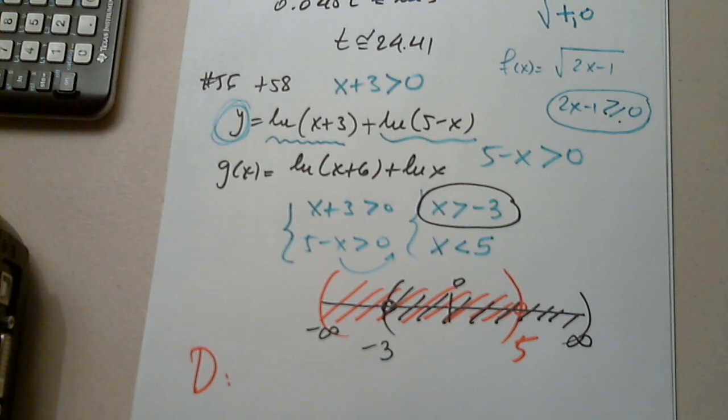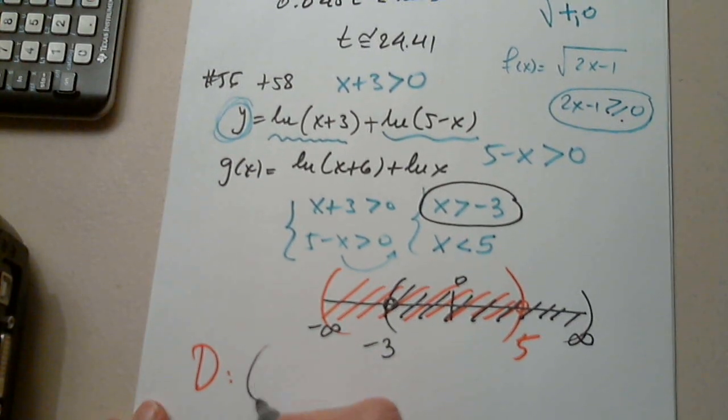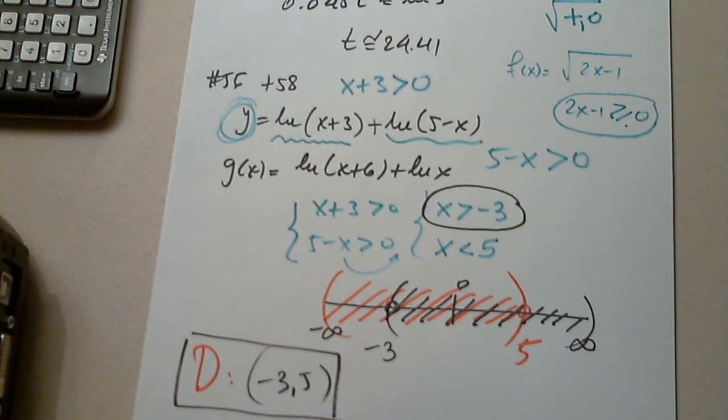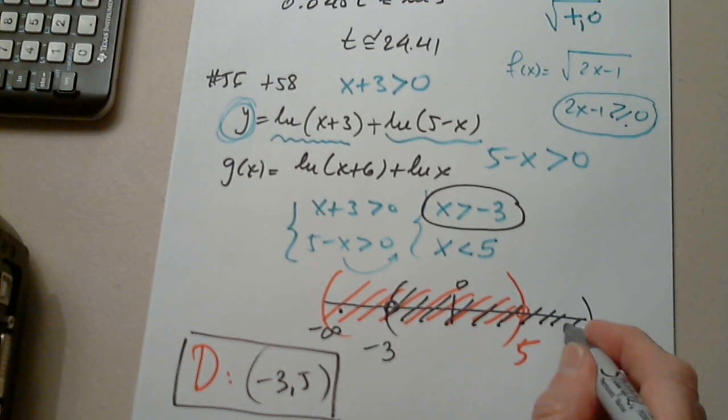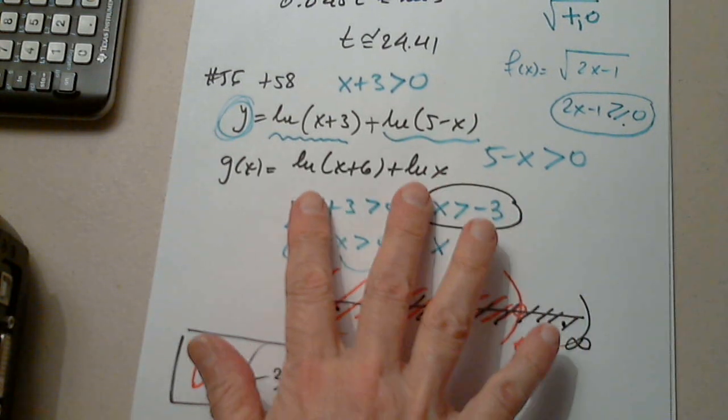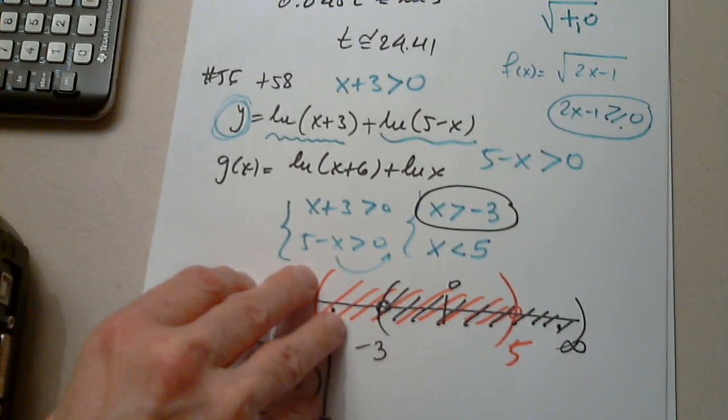Oh, in that case, would it be negative 3 to positive 5? Absolutely. That's why I said both have to exist at the same time. Here only one exists, here only the other, only here they both exist. Absolutely.